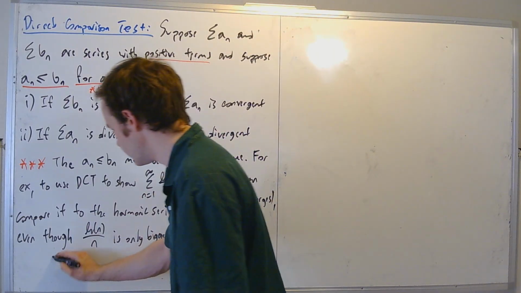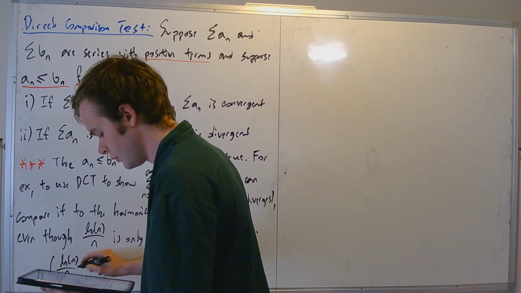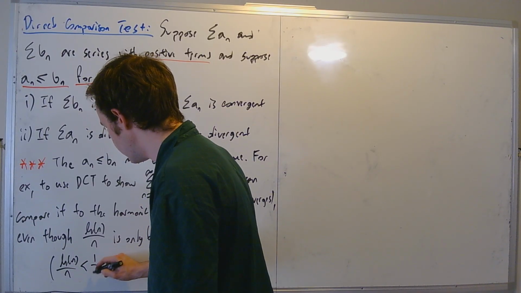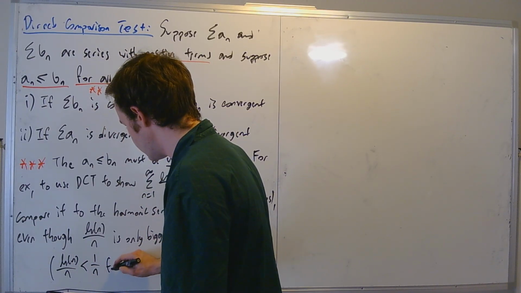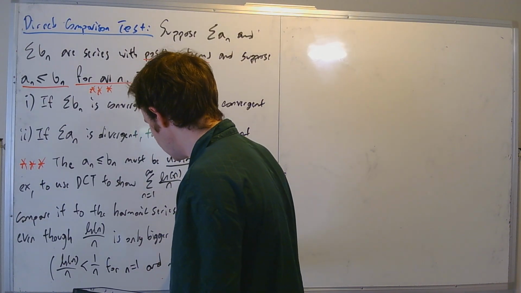And I'll say here natural log of n over n is actually less than 1 over n for n equals 1 and n equals 2.